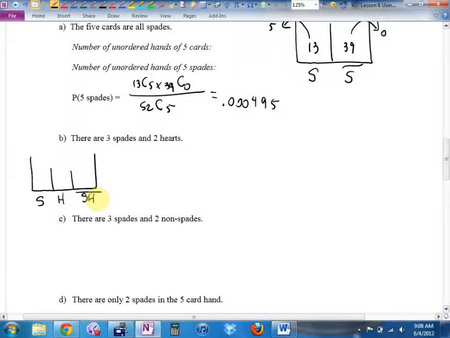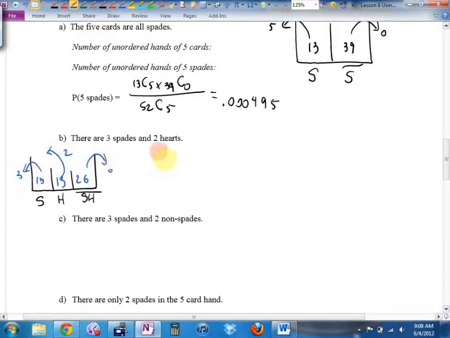Sandalee, how many spades are there in the deck? How many hearts? How many non-spades and hearts? Use the complement. 26. How many spades do they want me to choose? How many hearts? How many others?